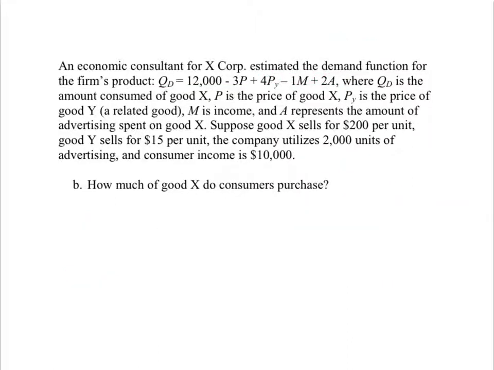The next question, we have the same general equation, but now we want to compute the amount of good X the consumer will purchase. Well, here we could take the direct demand that we computed in the previous question, part A, and simply plug in the value for P, the price of the good.